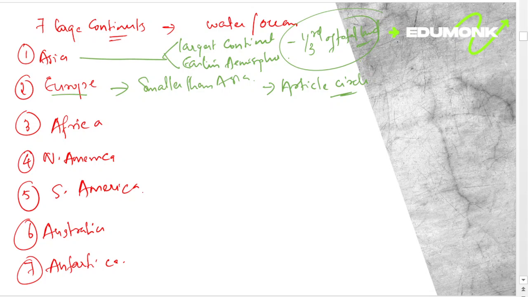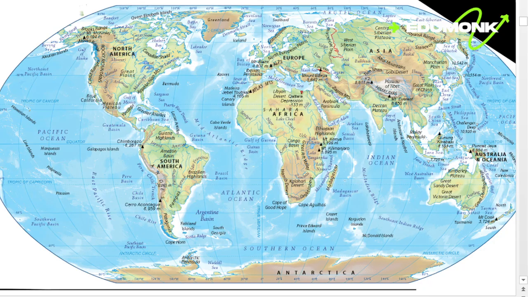And 3 sides of Europe are bounded by water bodies, that you can see in the map. This is Europe. Here is the Ural mountain which separates Asia from Europe.